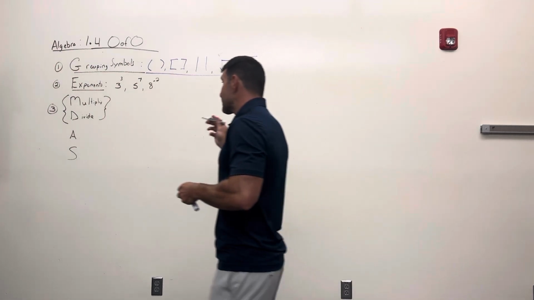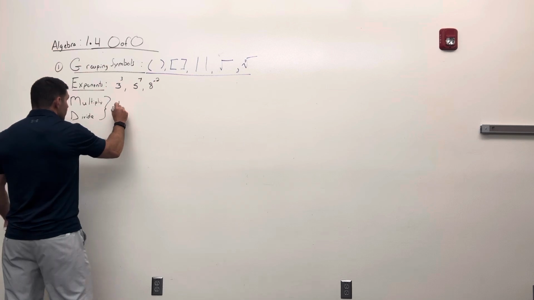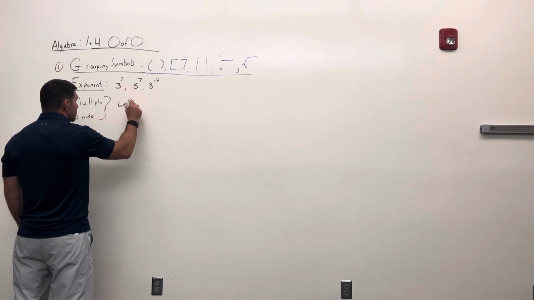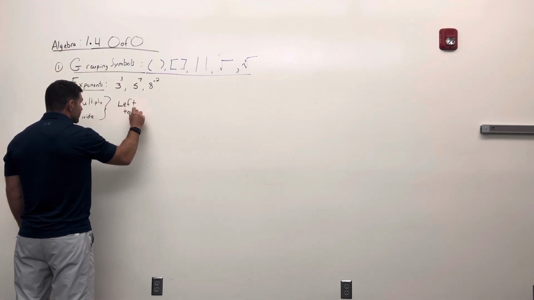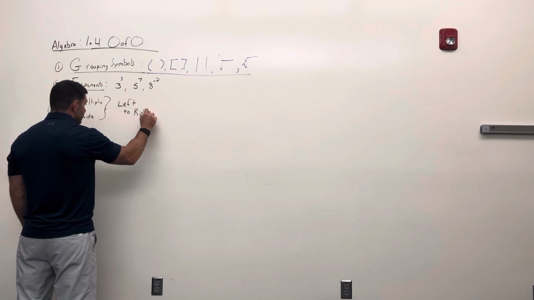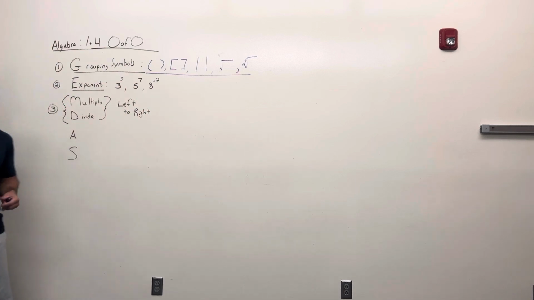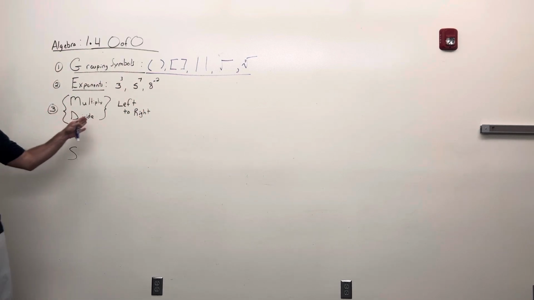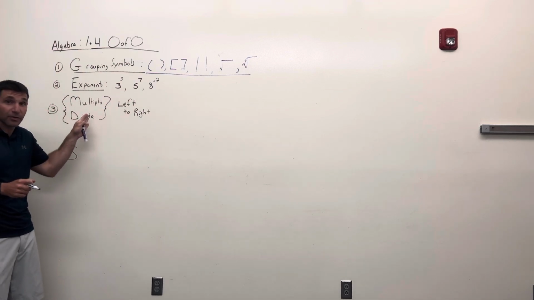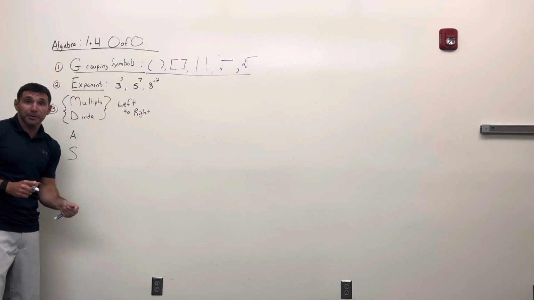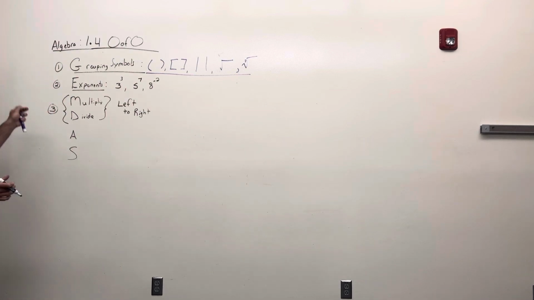When we get to this step, we are working our problem just like we read a book, left to right. If multiplication comes first on our left-hand side, then we do multiplication first. If division comes first and then it's followed by multiplication, we do division first. We work from left to right once we get to this step.